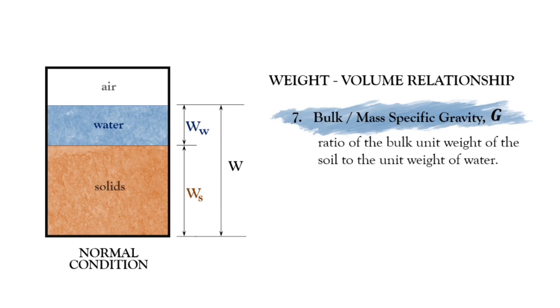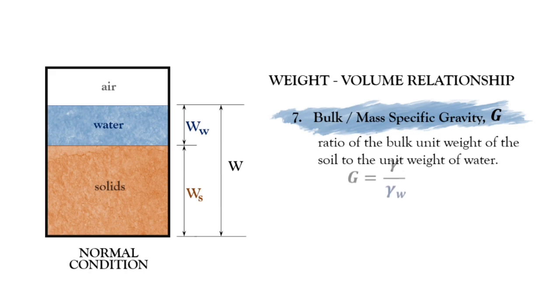So, remember sa inyong fluid mechanics na para makuha natin yung specific gravity ng isang object, kailangan mo ng density or unit weight ng object na yon at dinidivide natin siya sa reference na ginagamit natin, which is the density or the unit weight of water.